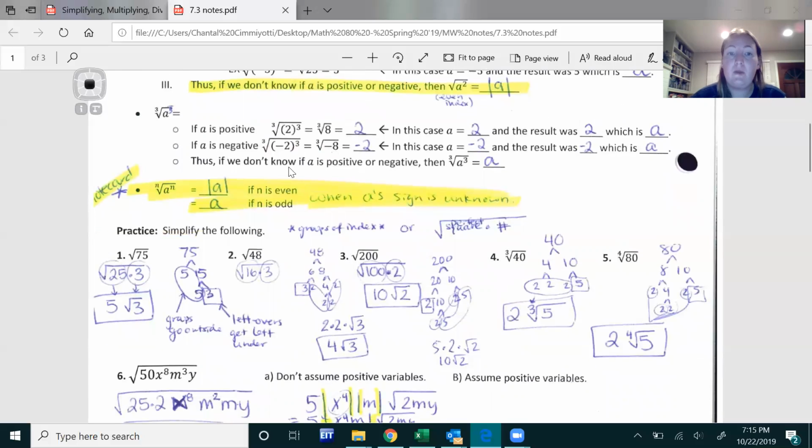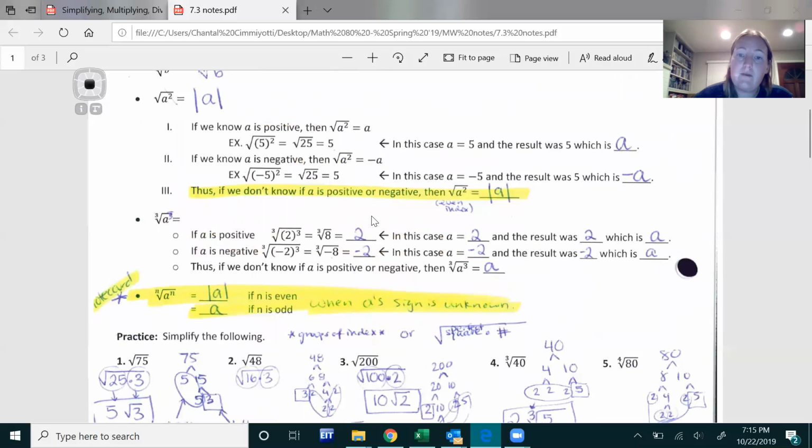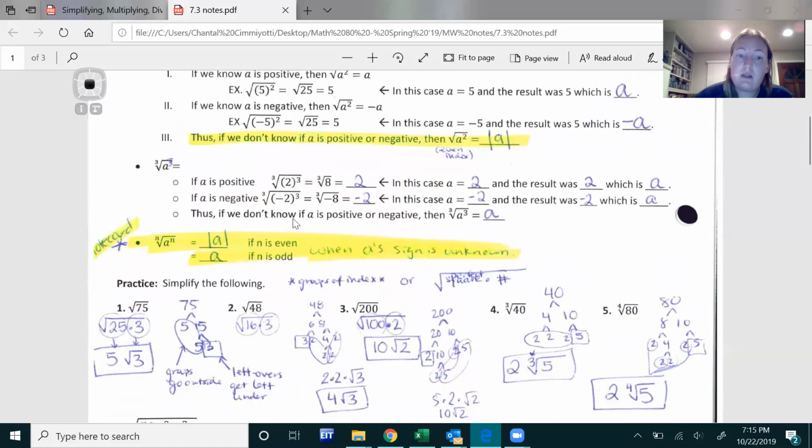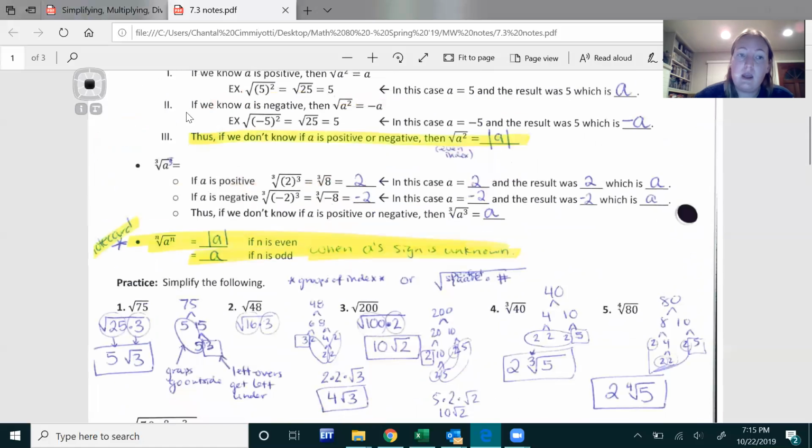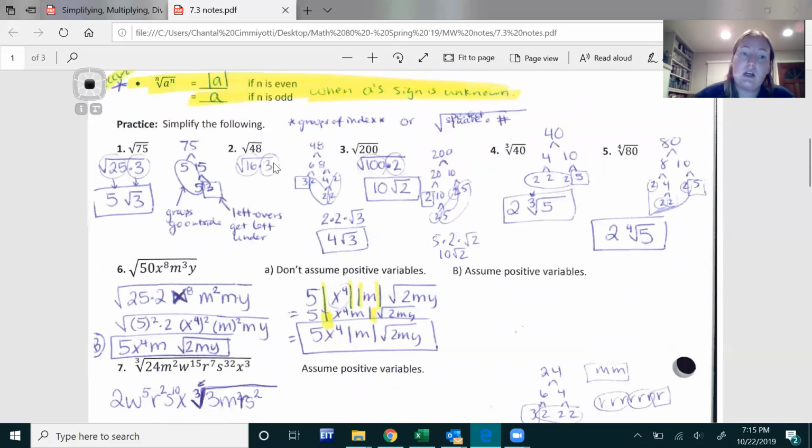So if we don't know what the radicand is, if we don't know if the a is positive or negative, well, it's just whatever the a is. We don't have to worry about the bars when it's an odd index. So this rule that I've highlighted is very important. To generalize the even case and the odd case for your index, here is the generalized rule.